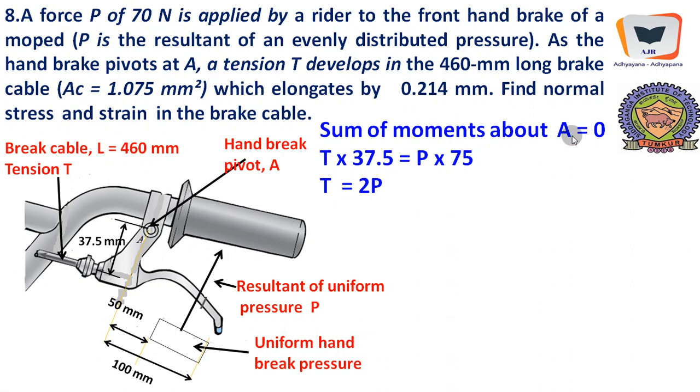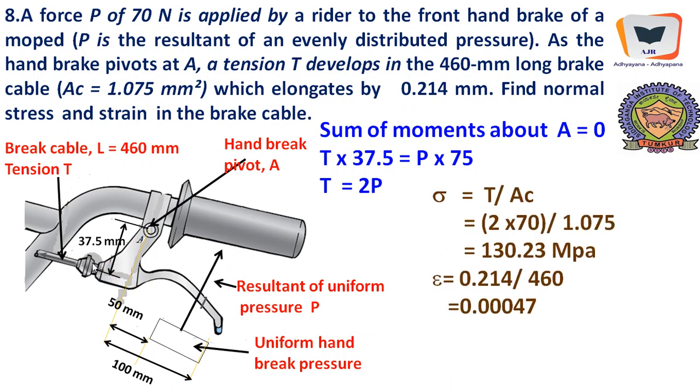Therefore, sum of the moments about A equal to 0. Therefore, T, the tensile force going like this, into 37.5 equals P into 75. Here it is acting at the center of this uniform pressure because this is the total force. It is 50 here till here plus 25, so that becomes 75.